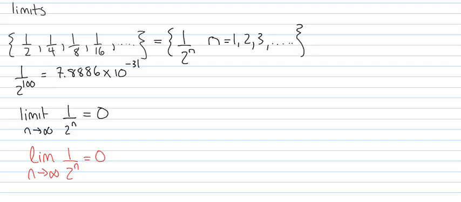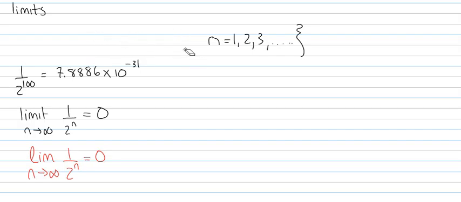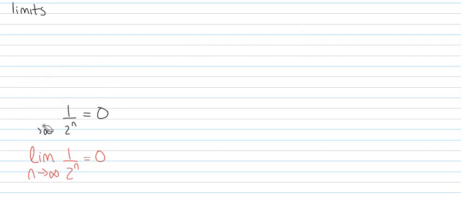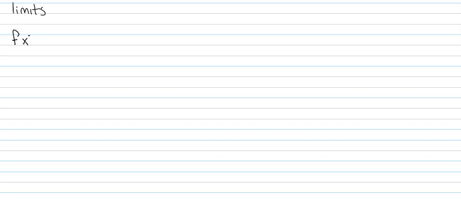Let's look at limits from another way. Let's talk about the limit of a function, for example. So first I'll erase this. So let's consider the situation where I have a function. Say that my function is, for example, f of x equals x over sine x.